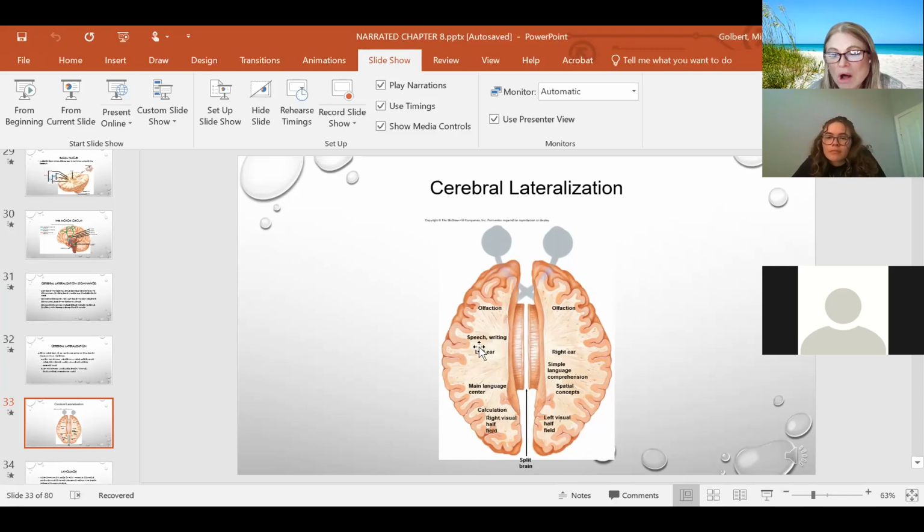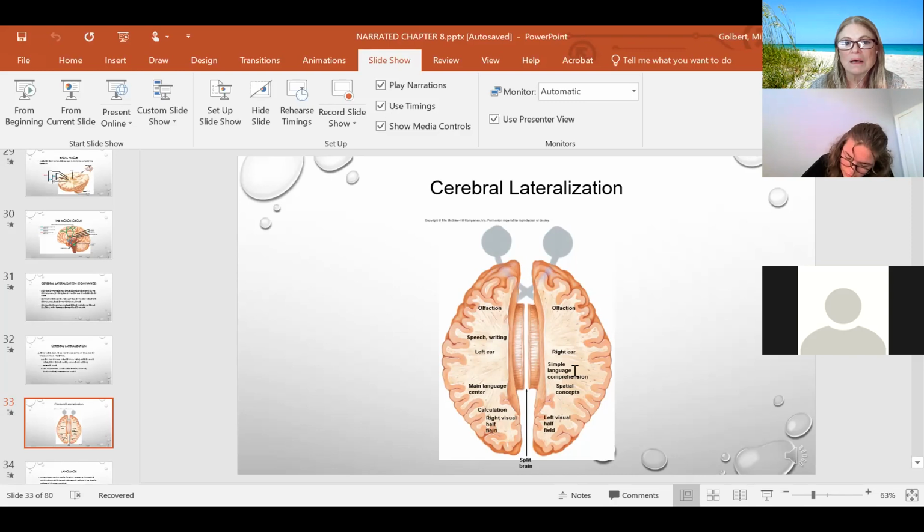And then of course, we've all heard of the right side being more of the musical, creative type of individual when you have a dominance on that side, because in those regions we have simple language comprehension, spatial concepts, right? So this gives you a more right brain dominance, which we've all heard in common terms.